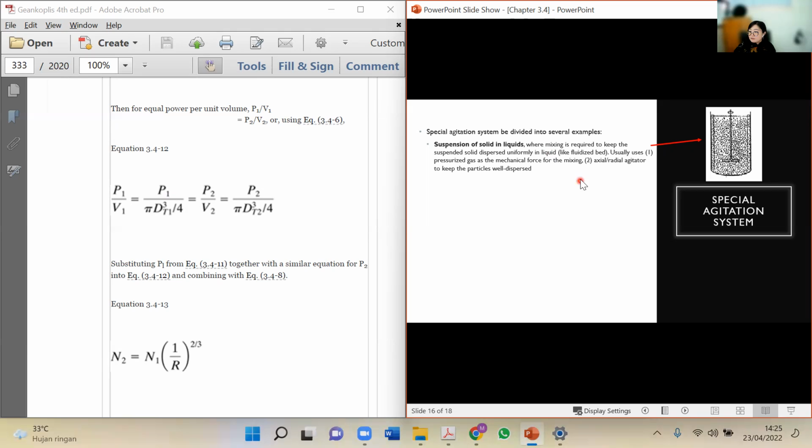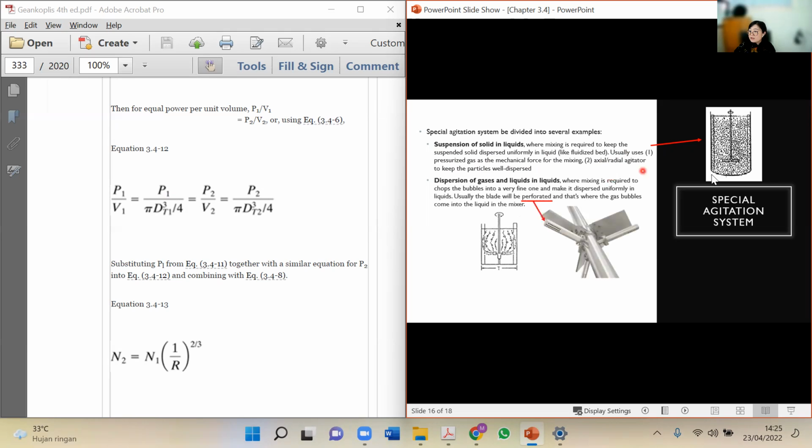It usually uses pressurized gas as the mechanical force for the mixing. Sometimes there will be a sparger. There is one agitator and there is also a sparger.